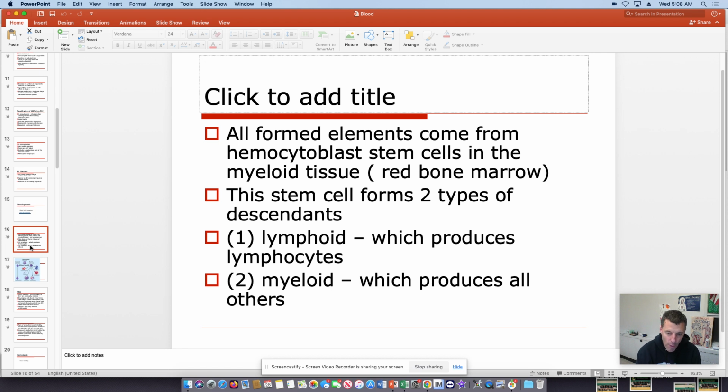Lymphoid produce lymphocytes, and myeloid get differentiated into, as you can see in the diagram on 302, red cells and platelets and monocytes and neutrophils and eosinophils and basophils. They all come from myeloid tissue.